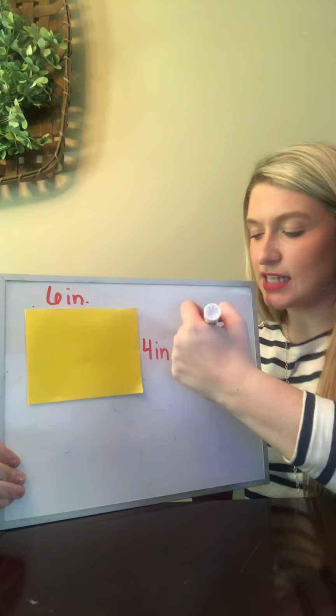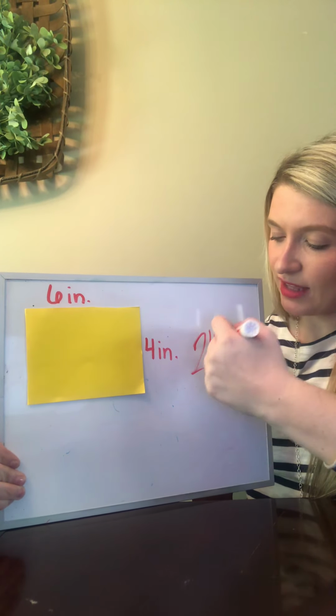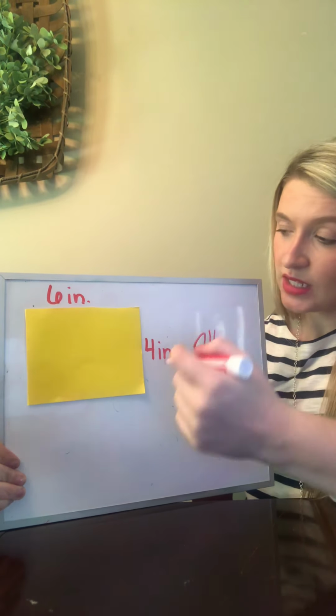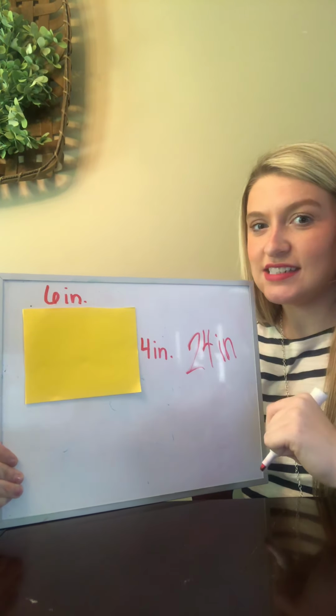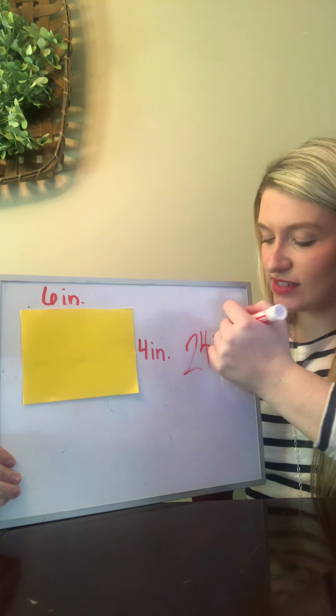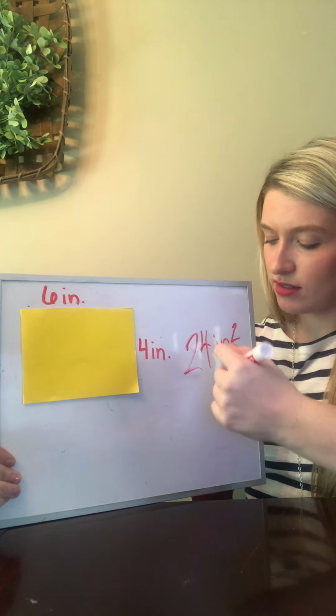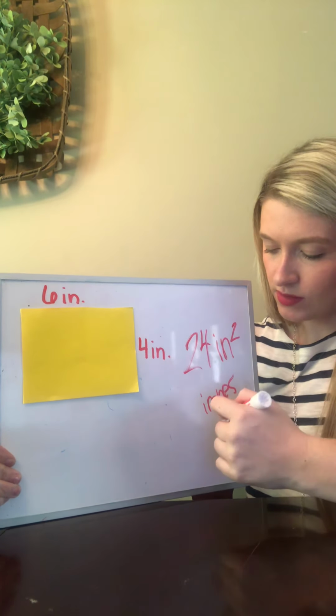And I know that 6 times 4 is 24 because we've memorized our math facts and we are awesome at that. So it's 24 inches. But area is different than perimeter because we have to say inches squared.